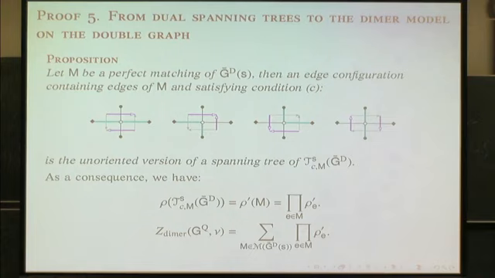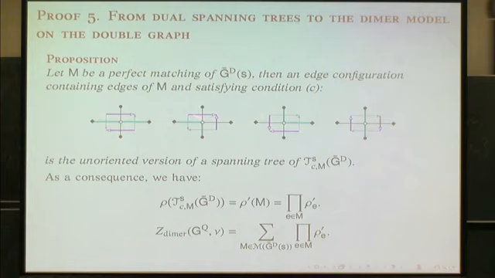So if you fix a perfect matching, you're given a perfect matching M of the double, then if you have an edge configuration which contains the edges of M and satisfies the condition C at every white vertex, then you know that it is a spanning tree. Okay? So you have it in one direction and you have it also in the reverse direction. So this is not immediate, okay?